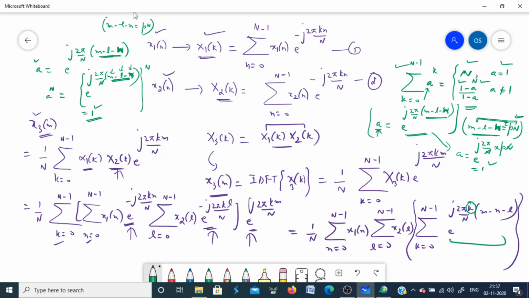I hope you are getting it. So when a is equal to 1, this series will converge to capital N. And when will a be equal to 1?